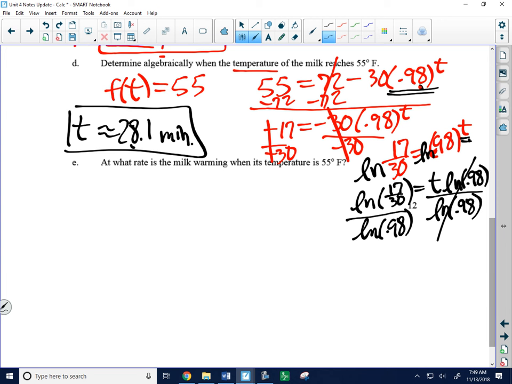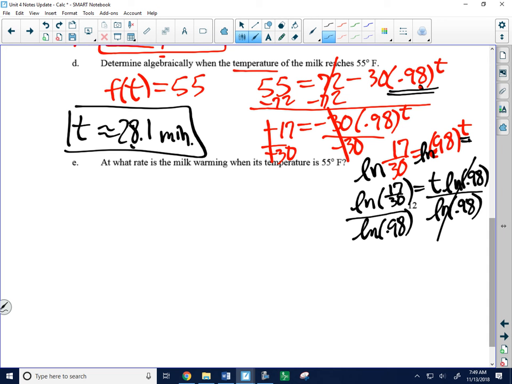It makes sense, logically. It started at a temperature of 72 degrees at a time of 0. After 28 minutes, it's down to 55 degrees. By the way, these are all pretty realistic. I don't know if it's perfect, but roughly what a fridge would set the temperature at.